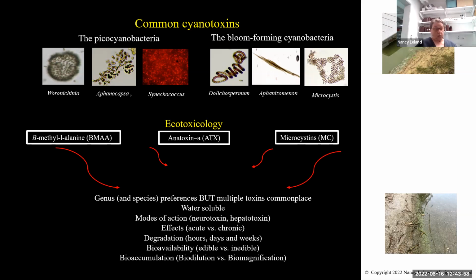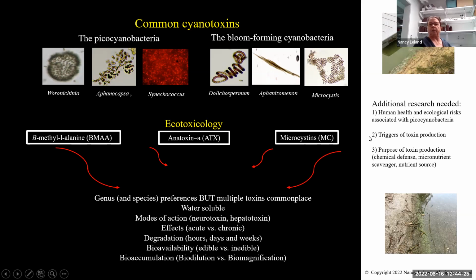So we can look and see whether we're having situations of what we call biodilution and also biomagnification on the other end of the spectrum of bioaccumulation. So all of these things we have to think about as we're working with these cyanobacteria. So needless to say, they keep us on our toes as we're doing all of our monitoring and assessment.